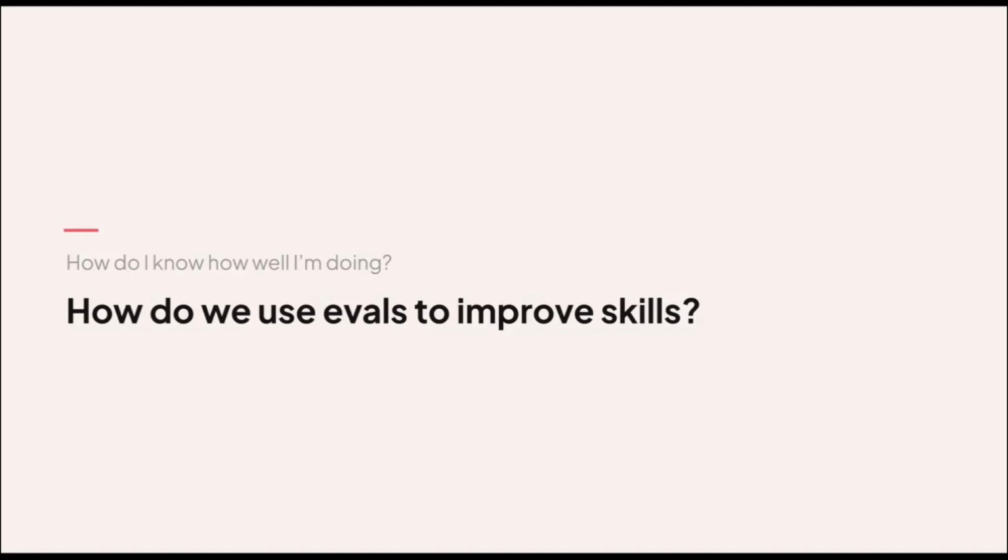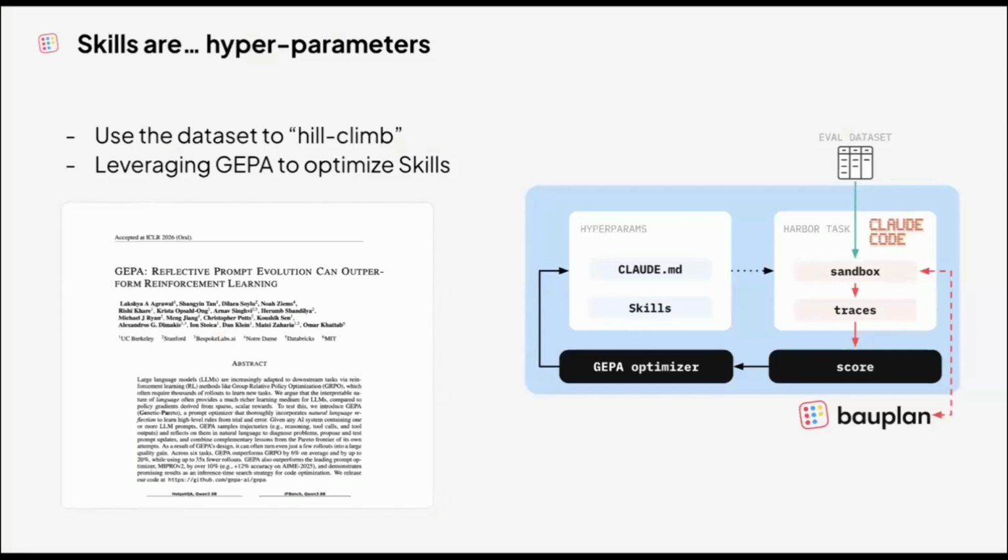So how do I improve my setup? Well, now I'm going to run an optimizer. Okay, so how does it work? The details are complex, but the high-level mental model is really not. You imagine you have your eval dataset that we built, which you can see here in the picture, and then we take the CLAUDE.md and the version of the skill that we have.